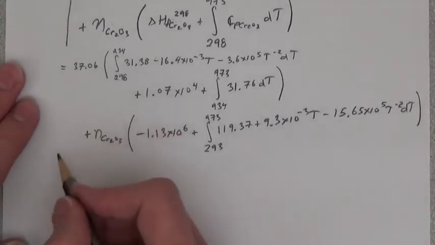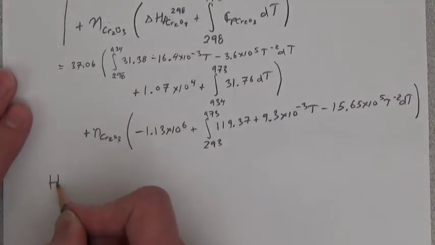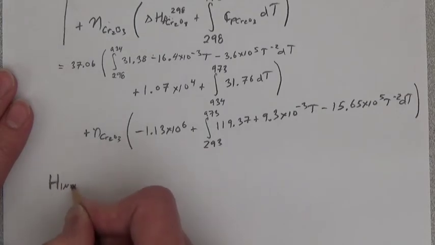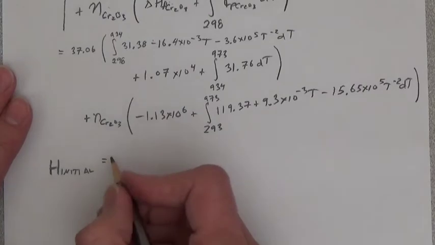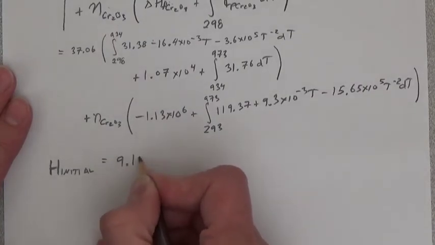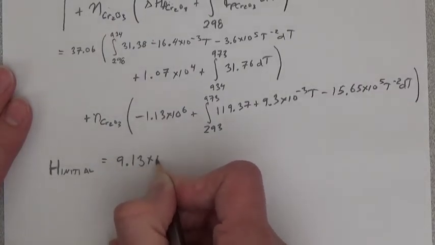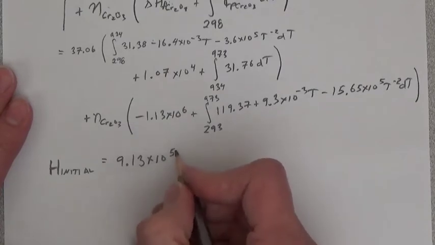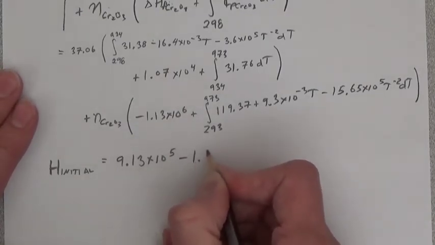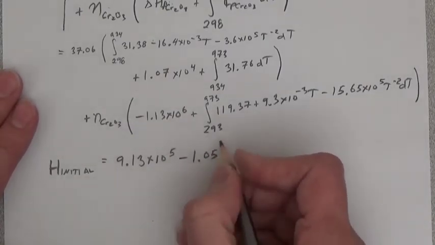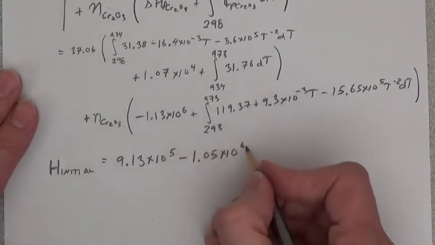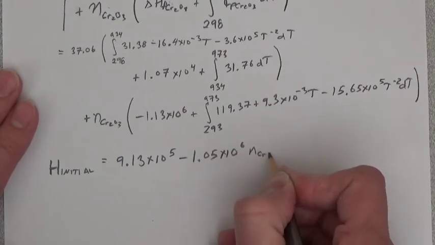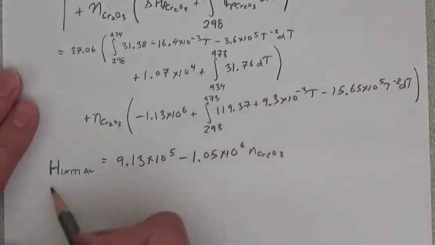Evaluating this, we get H initial is equal to 9.13 times 10 to the 5 minus 1.05 times 10 to the 6th times N_Cr2O3.